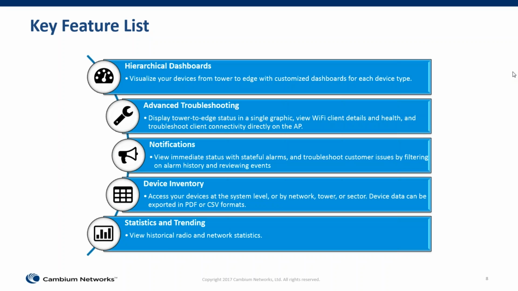So I'm going to talk a little bit more about the feature list. We're going to run through this here, and later I will do a quick demo from our online cnMaestro Cloud version. So we offer the dashboard. Basically, you log into the network and you will be able to visualize your whole network from tower to edge.